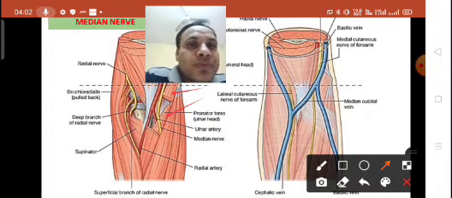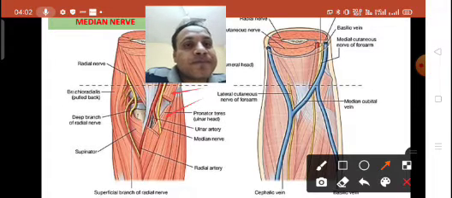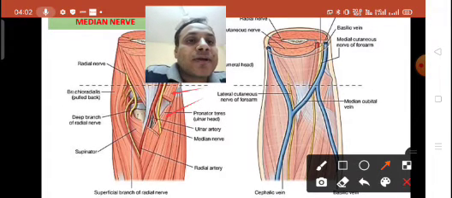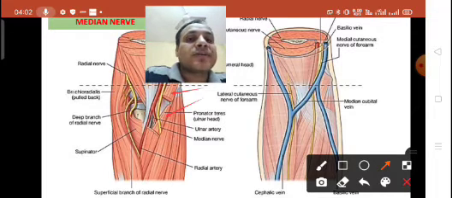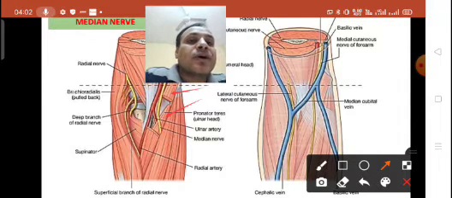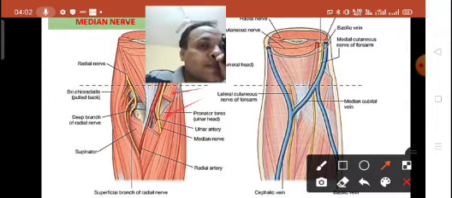Then in the cubital fossa, median nerve gives some muscular branches and also articular branches to supply the joints of the superior radioulnar joint and elbow joint, and muscular branches to the muscles of the front of forearm.